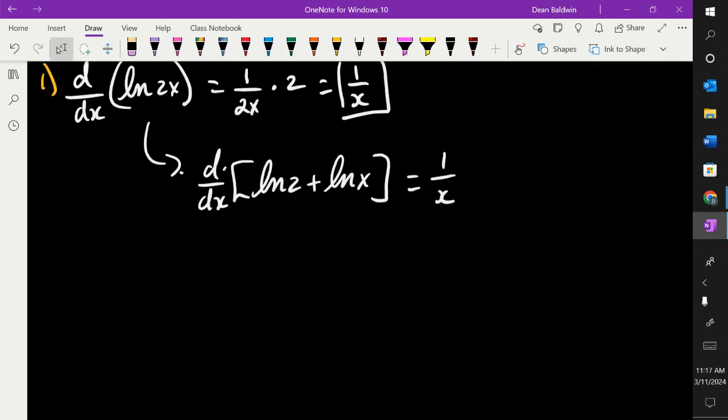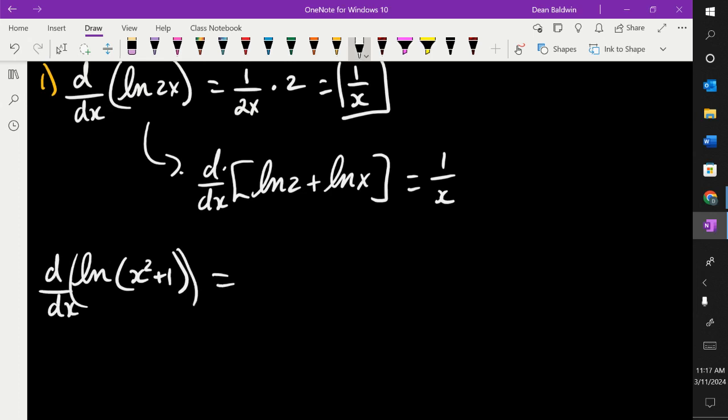All right, let's do something more interesting. So, we're doing the derivative of that. I should have put d dx in front of it. There we go. The derivative of the natural log of x squared plus 1. What's my argument?